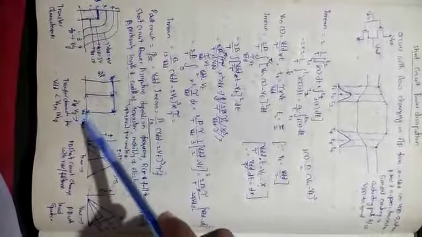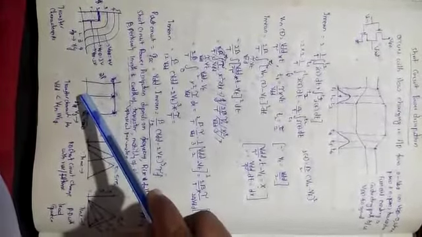So here NMOS is on. When NMOS is on, the output discharges to 0. Then when it moves to here, again the PMOS is on, so it rises. So here PMOS is on, here NMOS is on.